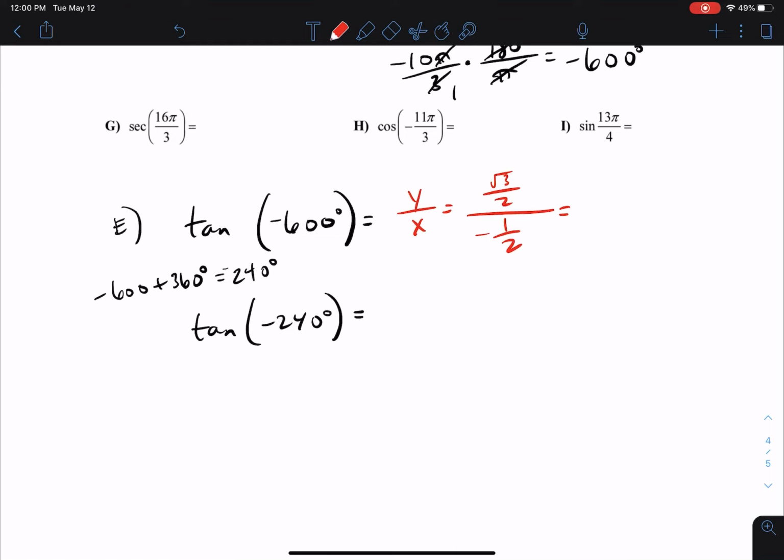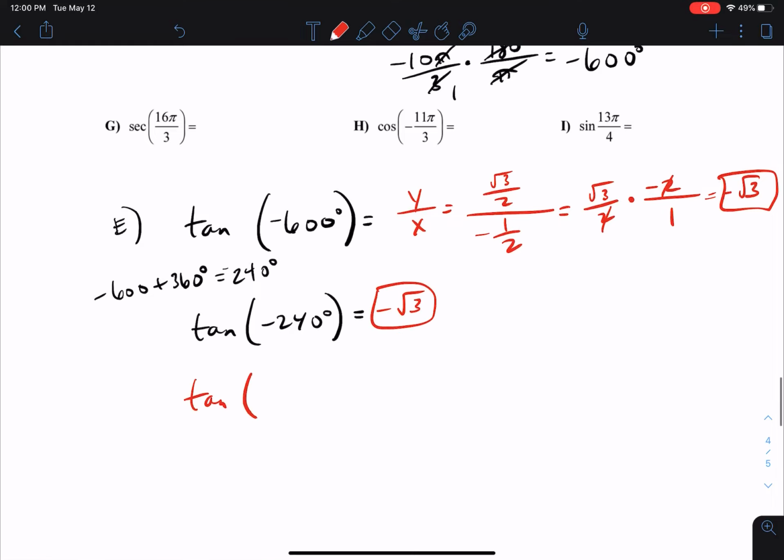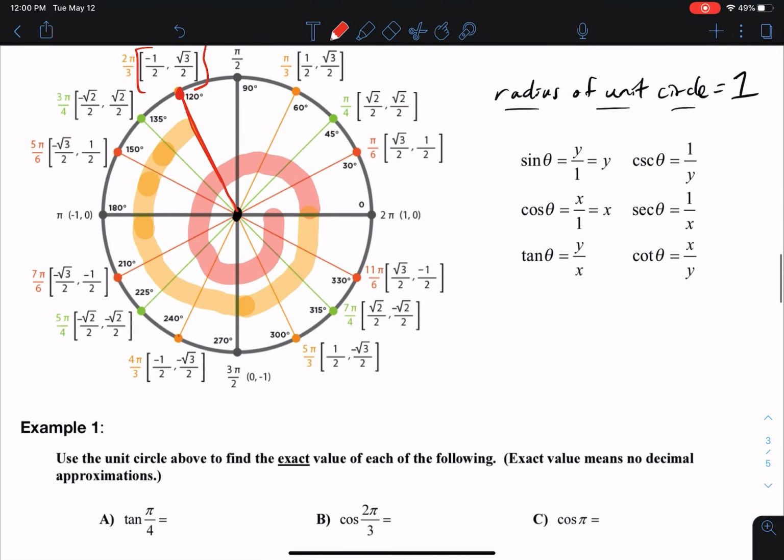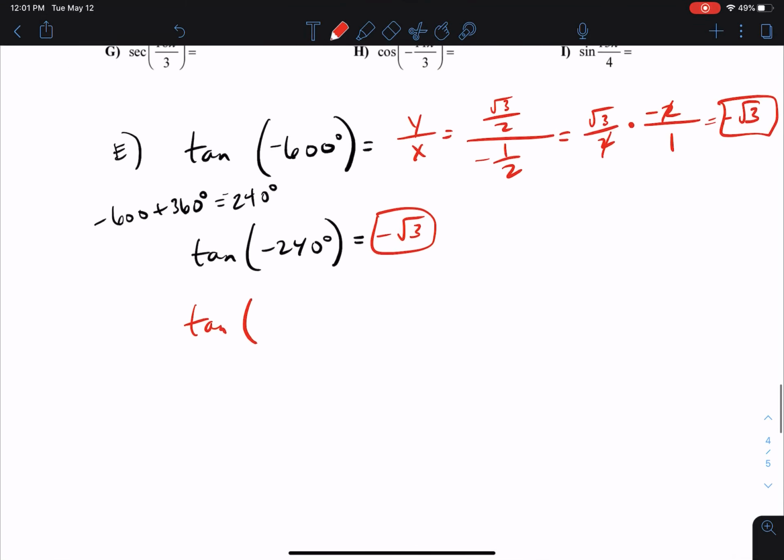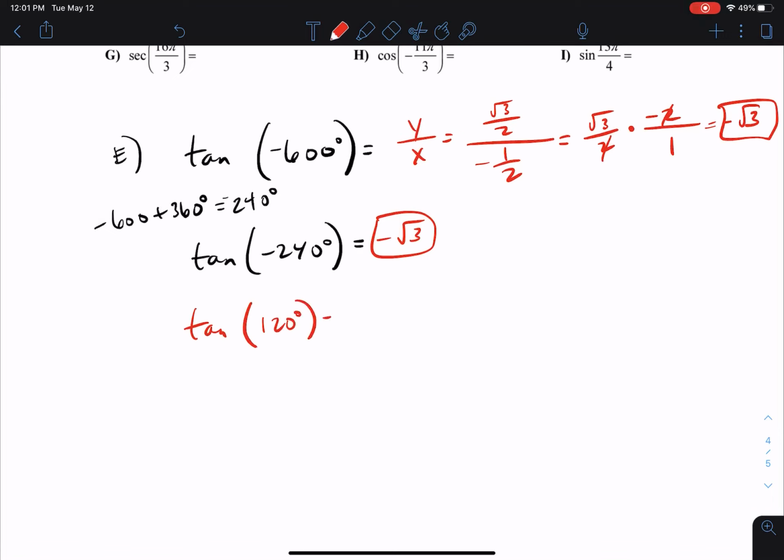So root 3 over 2, multiply by the reciprocal, these cancel out, and you get negative square root of 3. That's our answer, which would also be our answer for tangent of 120. They all have the same exact answer.